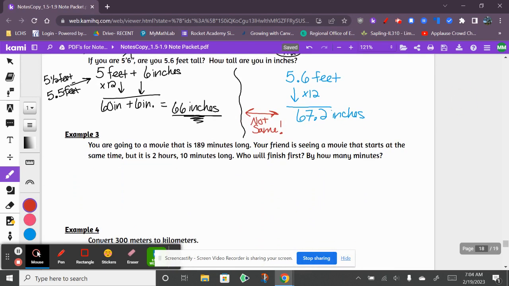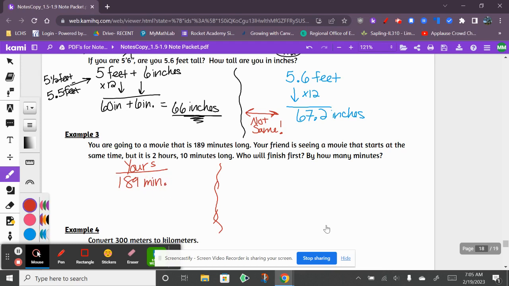Looking at example 3, you are going to a movie that is 189 minutes long. Your friend is seeing a movie that starts at the same time, but is 2 hours, 10 minutes long. Who will finish first and by how many minutes? Okay, so I'm going to again separate this into 2 parts. We've got your movie. It's 189 minutes.